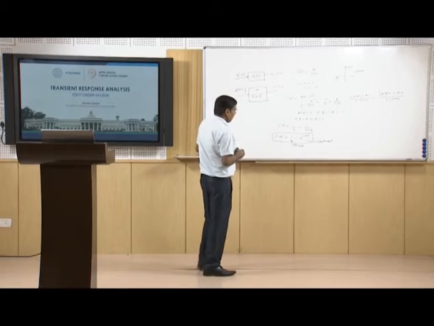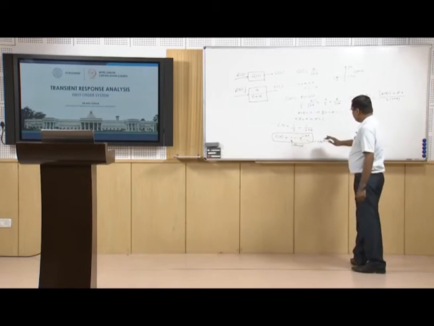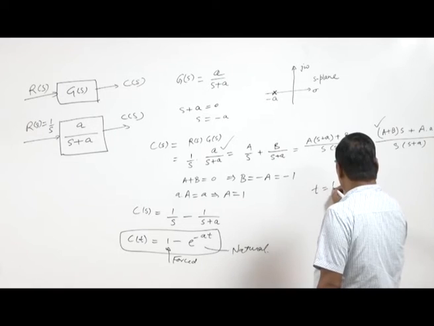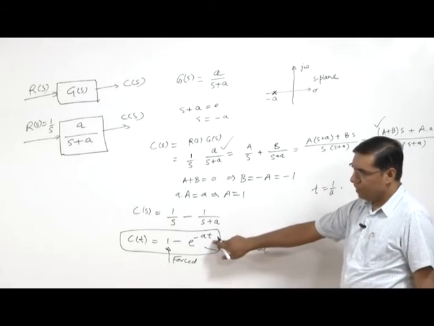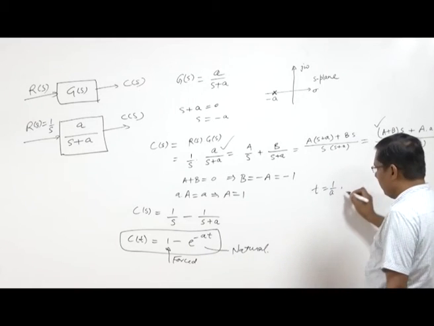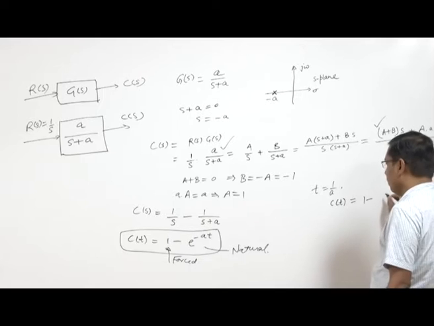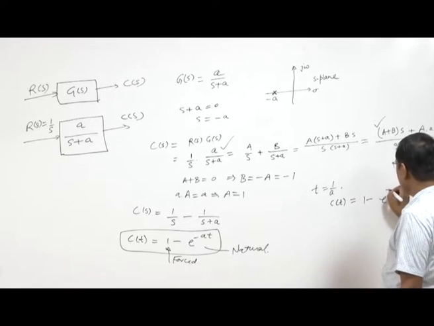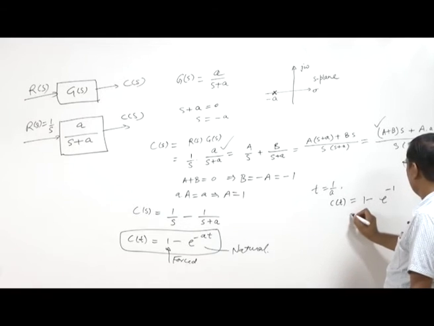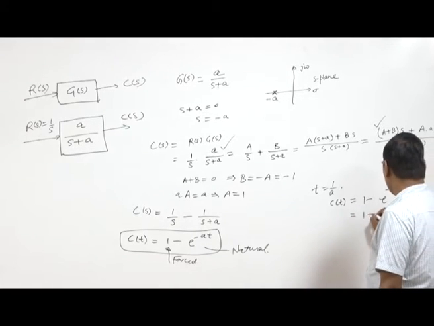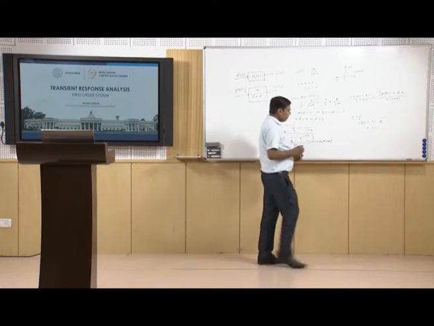Now let's take t equal to 1 by a. What happens? When we take t equal to 1 by a, c(t) equal to 1 minus e power minus a into 1 by a, that is 1 minus e power minus 1, which is 0.37.